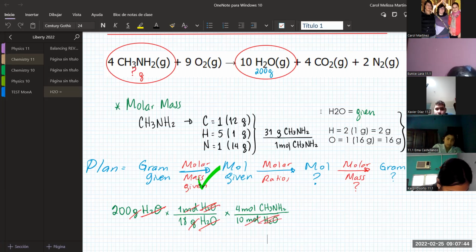And now the next step is from moles unknown to grams unknown. It says molar mass of the unknown. What is the molar mass I have to use? 31 grams of CH3NH2 and below 1 mole CH3NH2.